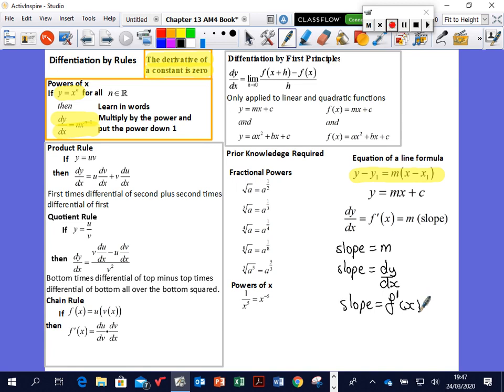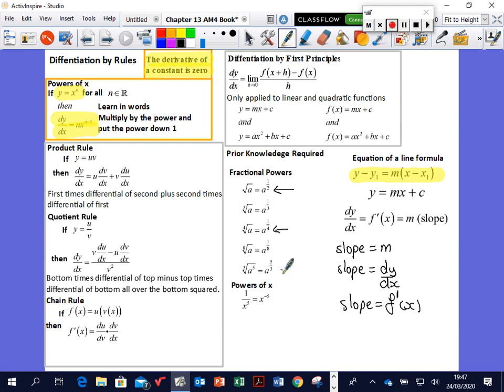Work that you were set last week was recognizing that if you have a square root, then it becomes the power of a half. If you've got a cube root, then the item becomes the power of 1/3. If you've got a fourth root, then it's 1/4 as the power.